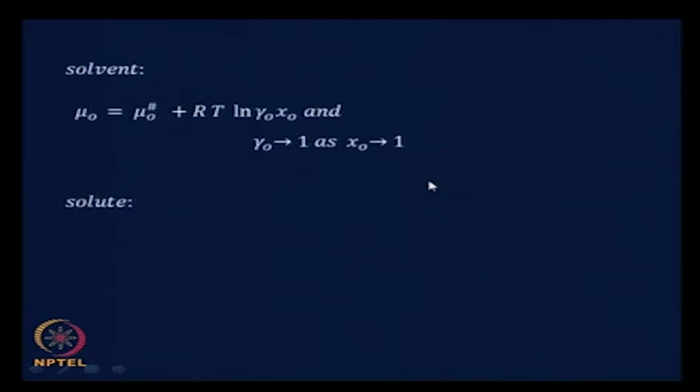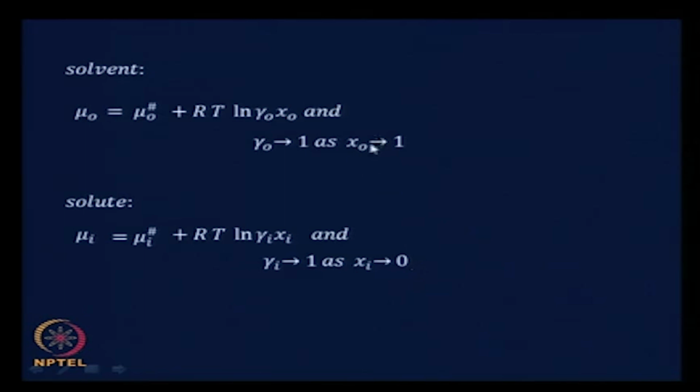Whereas for the solute we write this as mu I equals mu I hash plus RT ln gamma I x I, and gamma I tends to 1 as x I tends to 0.